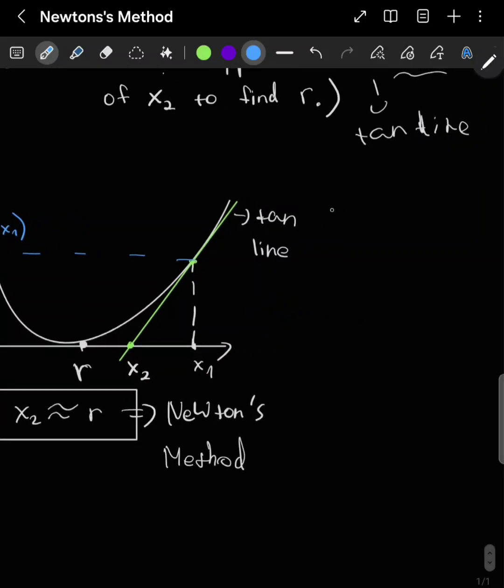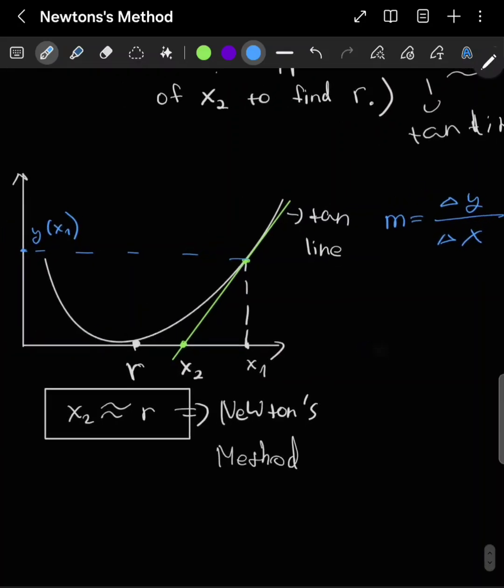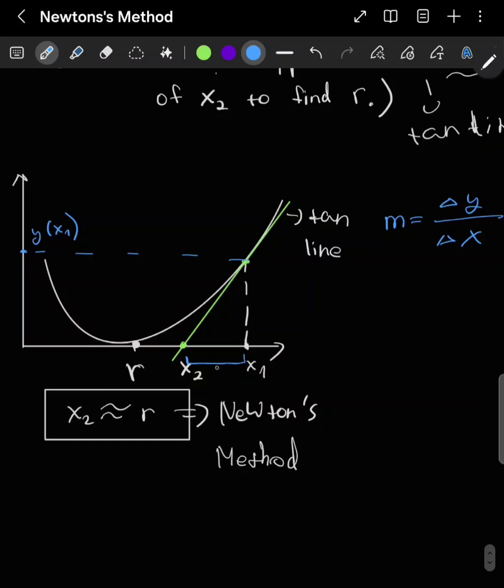Let's just write it down: what is the slope, right? What is slope? M. Slope is basically the change of y over the change of x, right? If we look at this change, it's a change of x, from x1 to x2. And here is the y at x1 and the y at x2. Let's say this is the change of y.